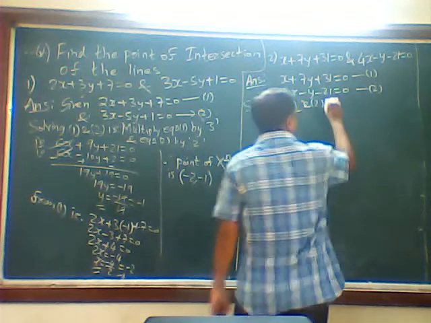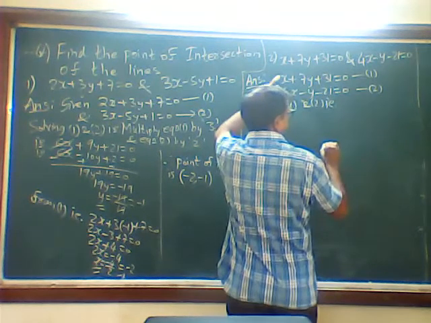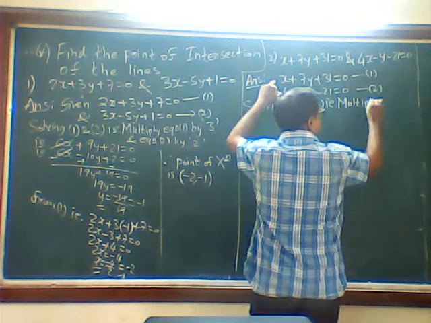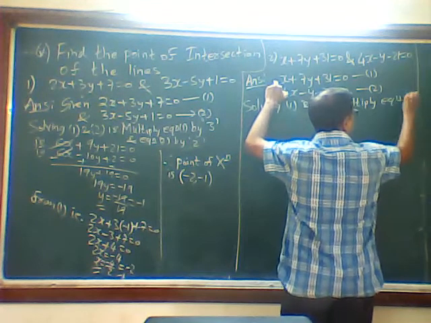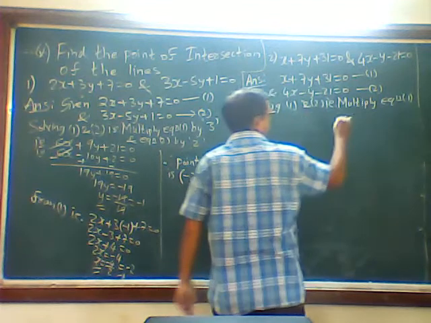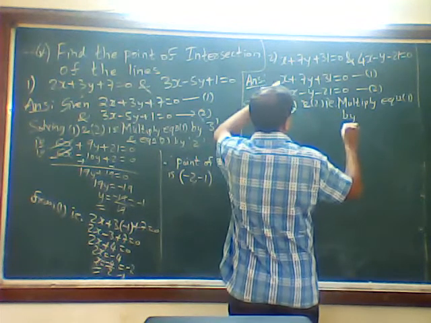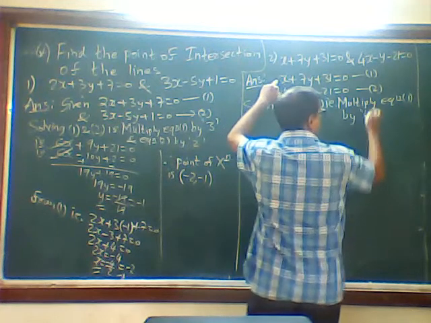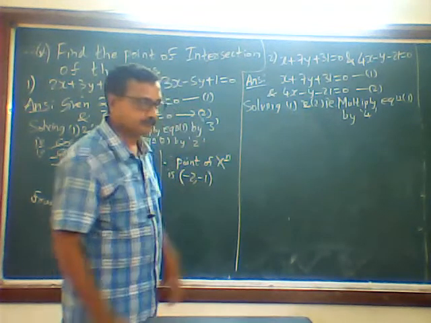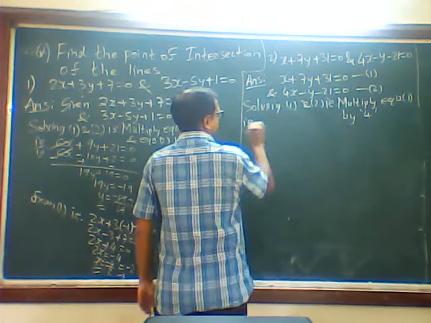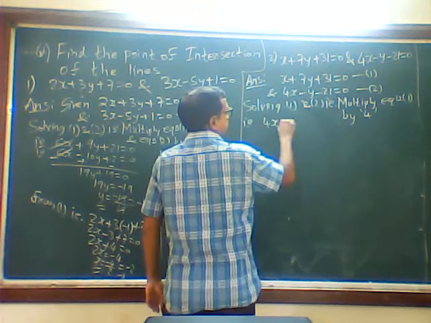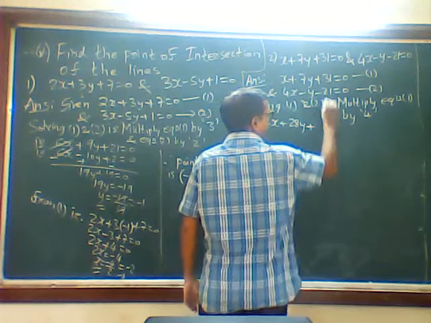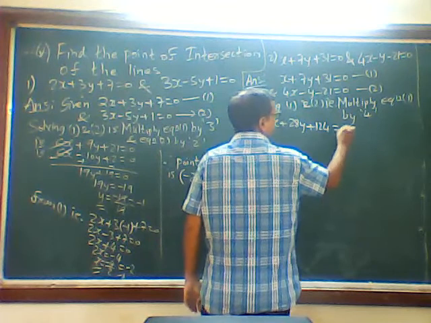I'll cancel x only. That is, multiply equation 1 by 4, since x is there and here 4 is there. No need to multiply equation 2. We'll write it: 4x, 4 sevens are 28y, plus 4 ones are 4, 4 threes are 124.